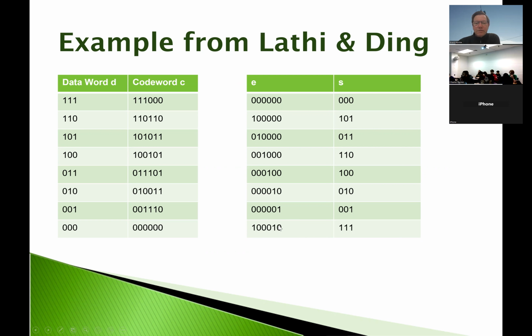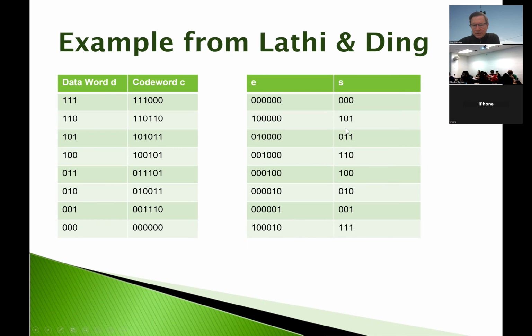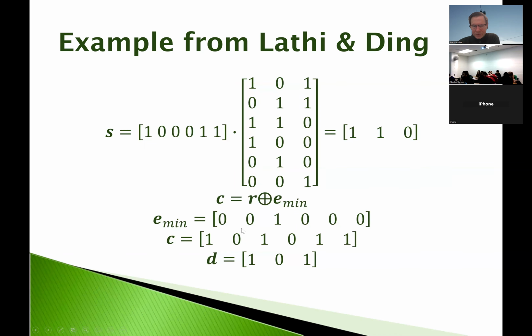All right, so let's go back to our example. We have this syndrome 110. What does that correspond to? I hope this is right. 110 is going to be 001000. So we just looked up that table and pulled it out.